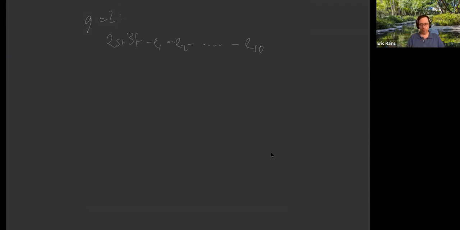Firstly, it's a second order equation, is what that 2 is telling us. It has 10 singular points because we blew up 10 points. And all of the singular points have multiplicity 1.